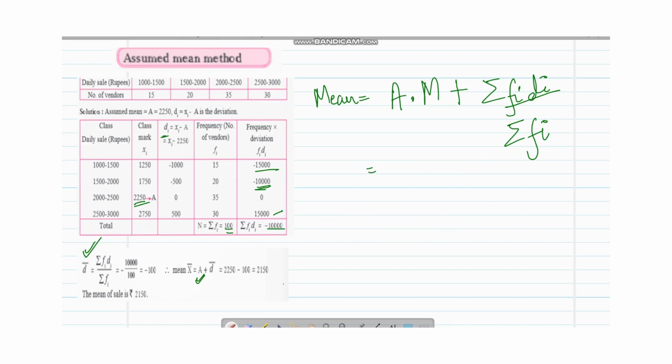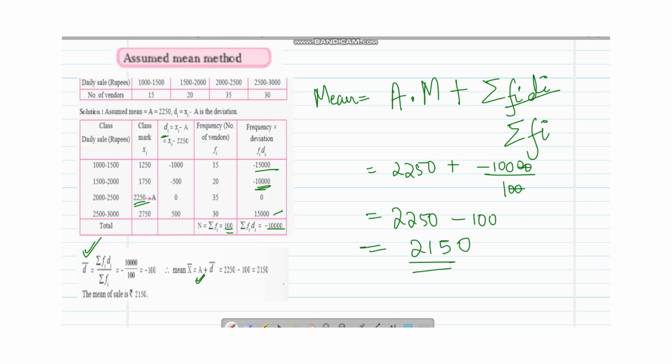Okay, so assume mean is 2250 plus sigma fidi is minus 10,000 upon sigma fi is 100. 00 cancel. So 2250 minus 100. Answer will be 2150. So your mean is 2150. Okay, this is your assume mean method.